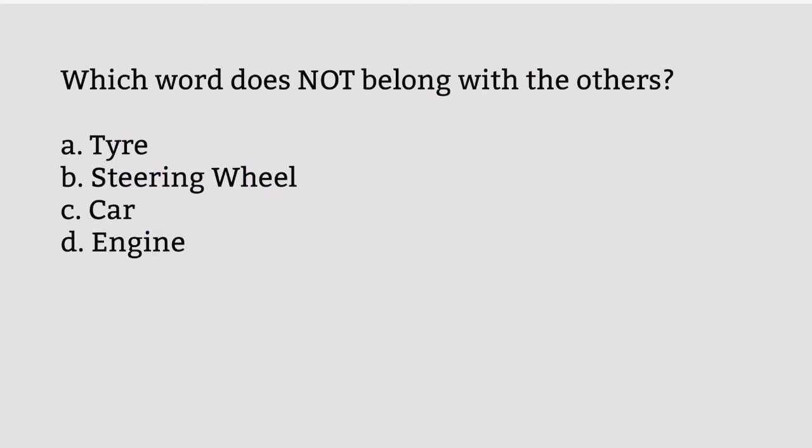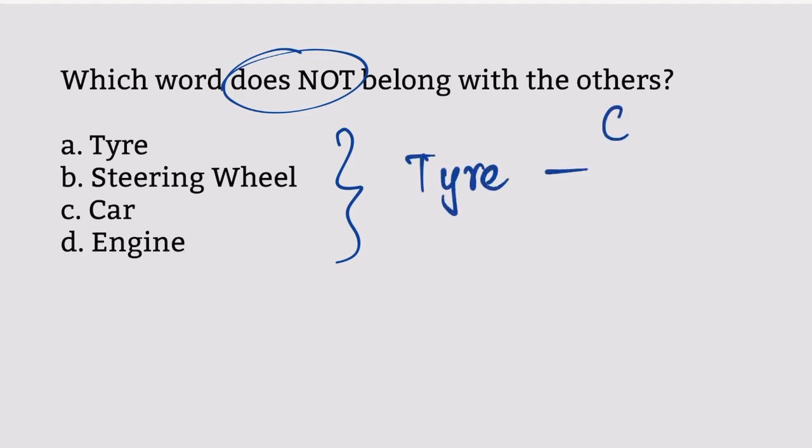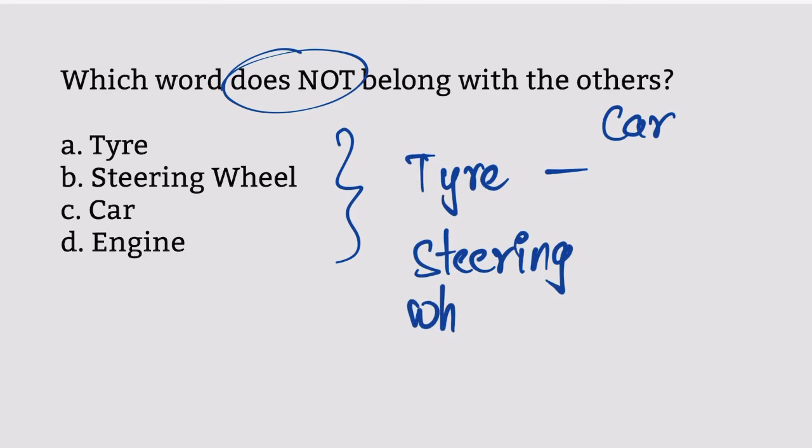This is verbal reasoning wherein we are looking at the odd one out. A very simple question wherein they say which word among the 4 words here does not belong with the others. That means we'll have to pick the odd one out. We have tire, which is part of a car, then steering wheel, which is also part of a car or any 4-wheeler per se.